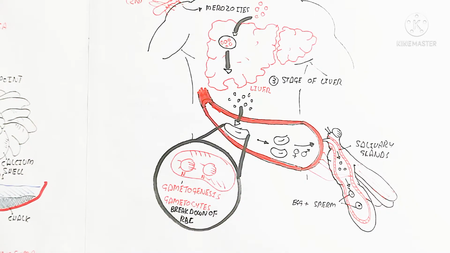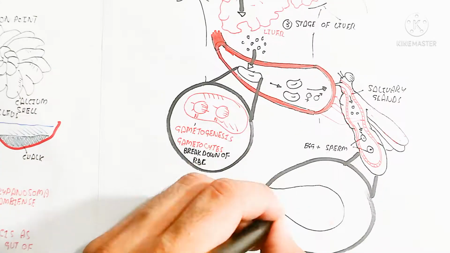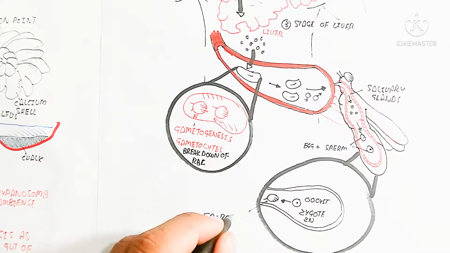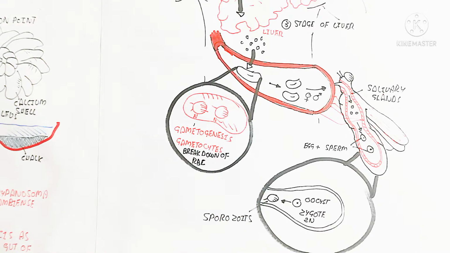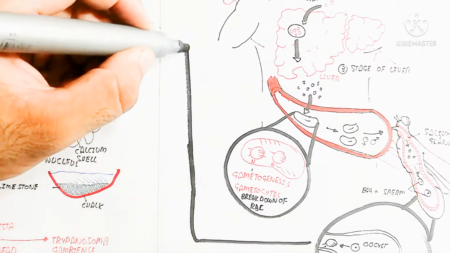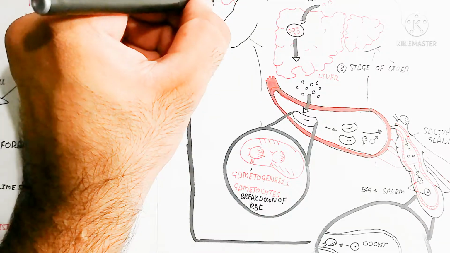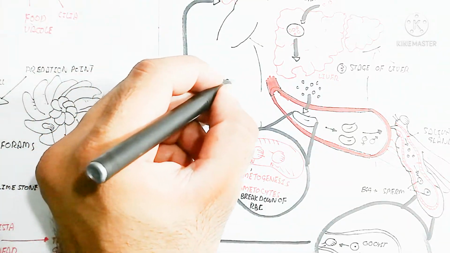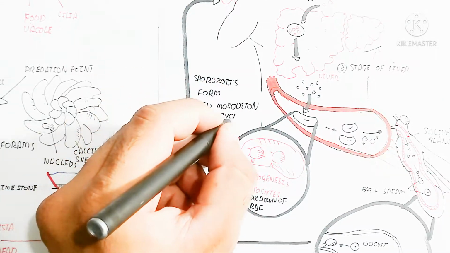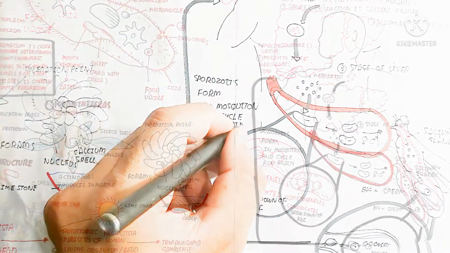The oocyst produces sporozoites, which are present in the gut of the female Anopheles mosquito. So this again will bite, and the cycle begins continuously. The sporozoites form in the mosquito and the cycle runs again.